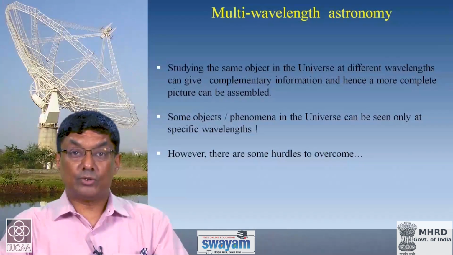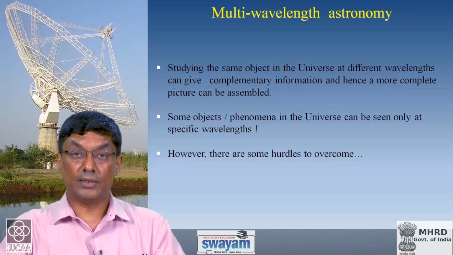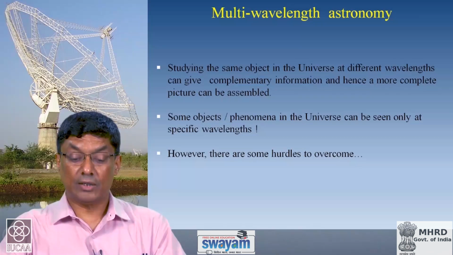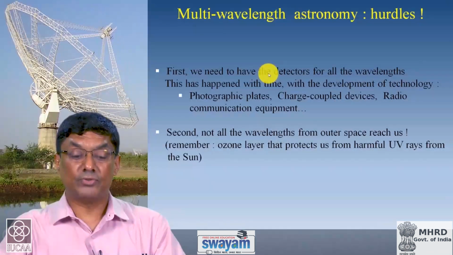So, that brings us to this topic of multi-wavelength astronomy, that clearly there is a lot to be gained by doing astronomy at multiple wavelengths. The question is, how easy is that to do? And that is where we come up against a couple of hurdles.